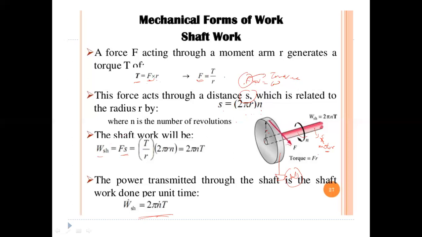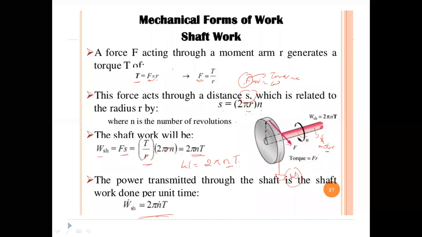Force we got as T by R, and distance we got as 2 pi R N. So R gets cancelled, and the shaft work is given by 2 pi N T, where N is the number of revolutions and T is the torque developed. Torque is equal to force into radius.